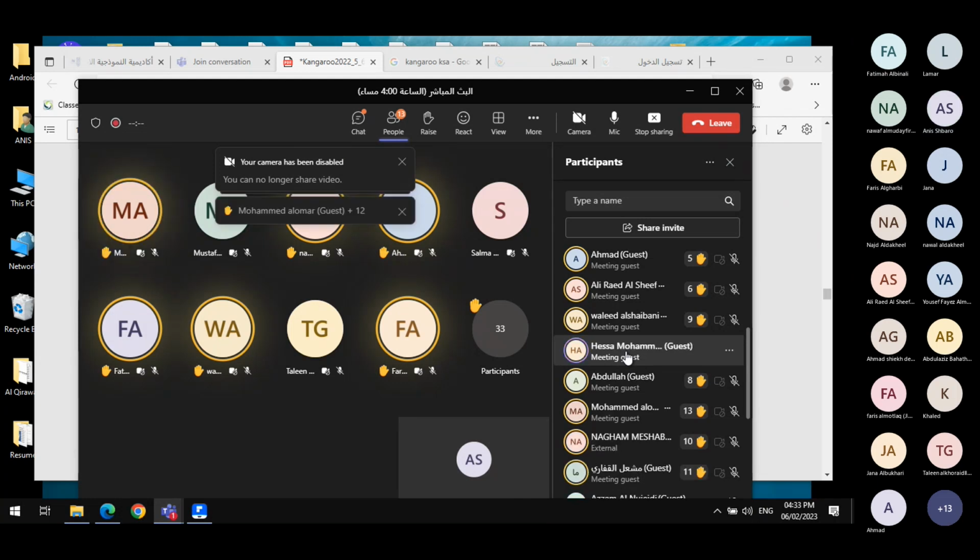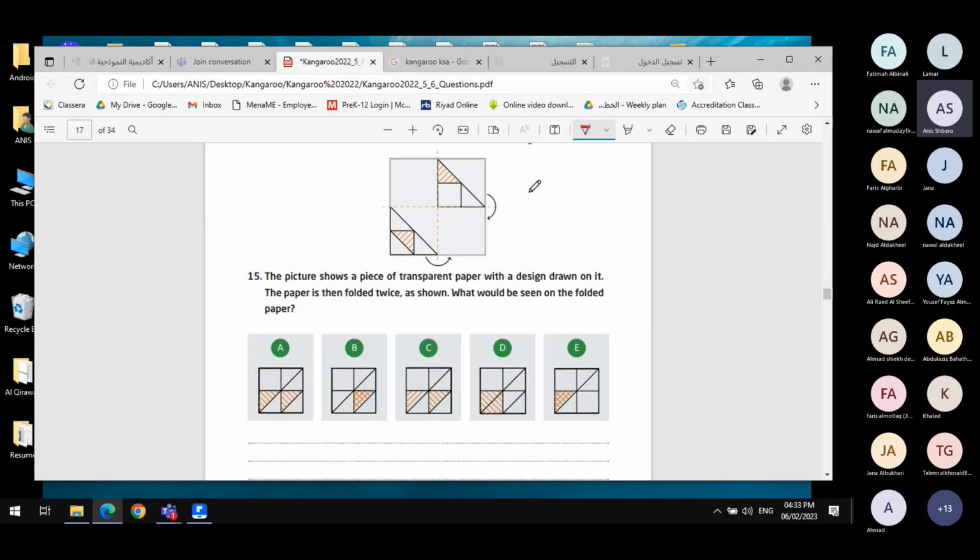What's your name, please? Hisa. Okay. So please can you read for us the question? The picture shows a piece of a transparent test paper with a design drawn on the paper. The paper is then folded twice, as shown. What would be seen on the folded paper?